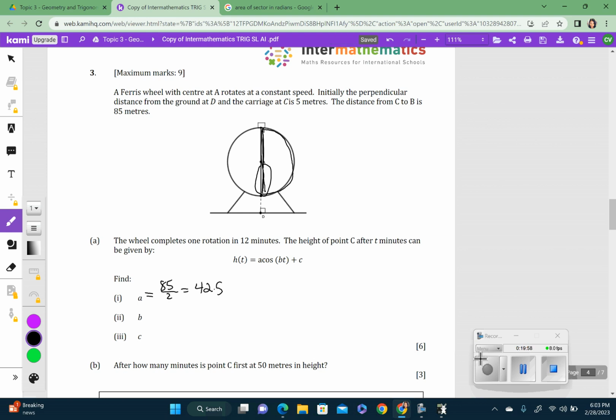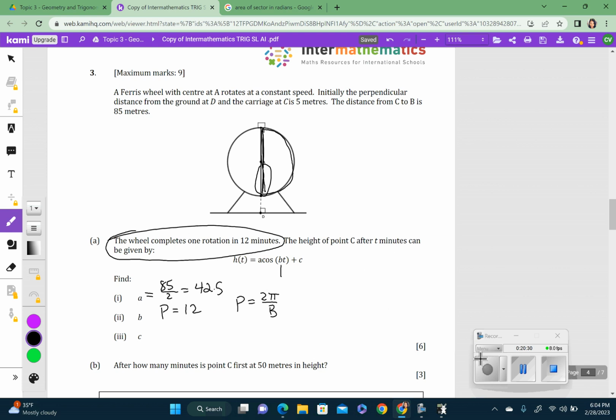Okay. For our B, we do need to know how long it takes to make a full rotation, and it tells us right here the wheel completes one rotation in 12 minutes. So that means that our period, how long it takes to make one cycle, is 12 minutes. So if we want to find this letter B, we have to use the formula period is equal to 2 pi over B. So we know that our period is equal to 12.